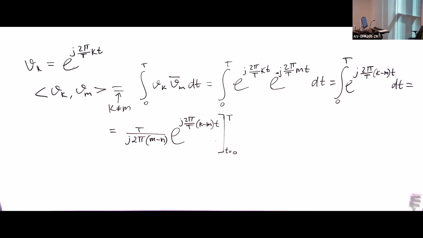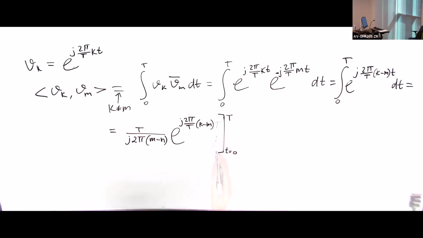So how do you compute that? First of all, you put T here instead of t, and then you subtract what you get when you put in t equals 0. All right, so these are two components. Regardless of what that thing is, what is the function when t equals T? Just put T here.